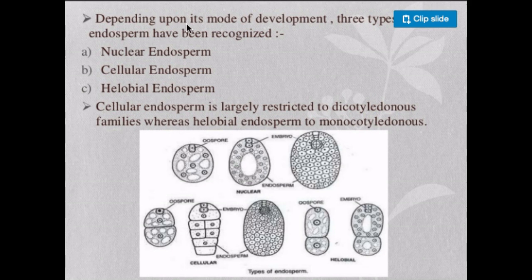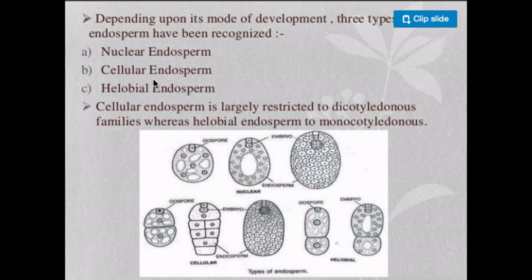But based upon the development, you have three different types of endosperm. The first type is the nuclear endosperm. The second type is the cellular endosperm. The third type is the helobial endosperm.